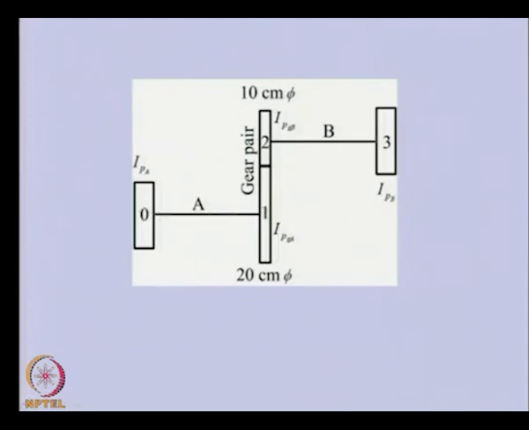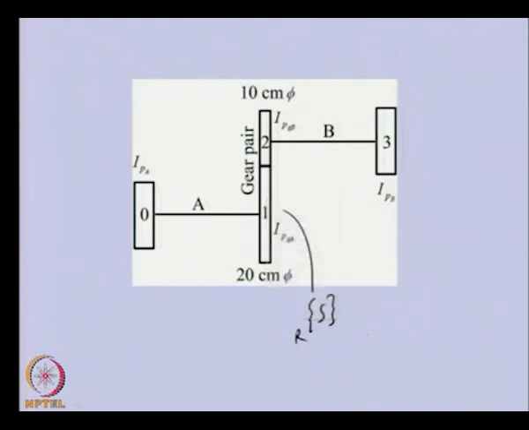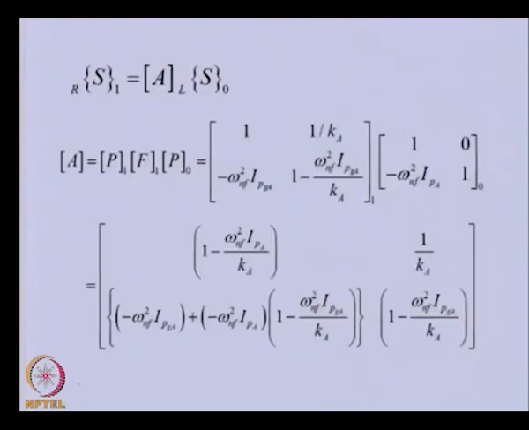So, we have related the state vector, which is here as right of A1, to the 0th station of branch A by the A matrix, where the A matrix is the multiplication of three matrices: point matrix, field matrix, point matrix.